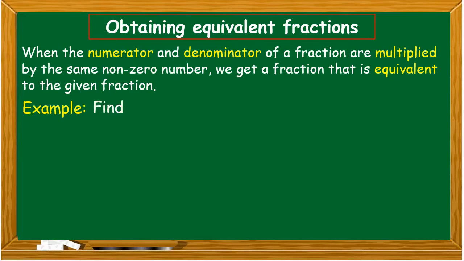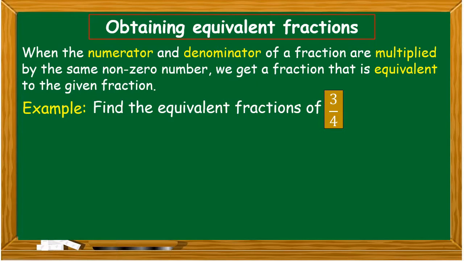Find the equivalent fractions of 3 upon 4. Let us multiply the numerator and the denominator of the fraction with the number 2. We get 3 into 2 upon 4 into 2, which is equal to 6 upon 8.